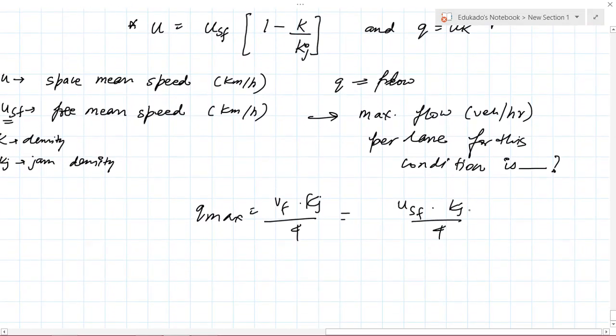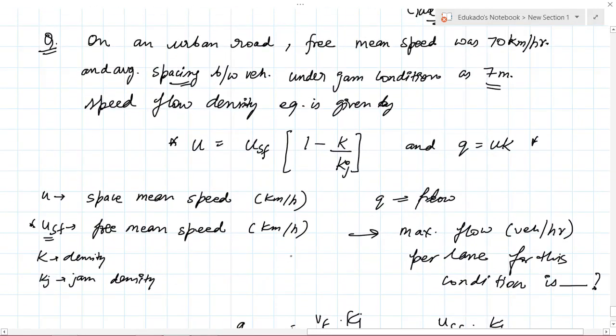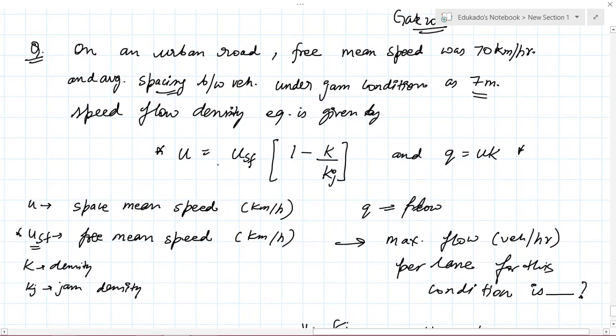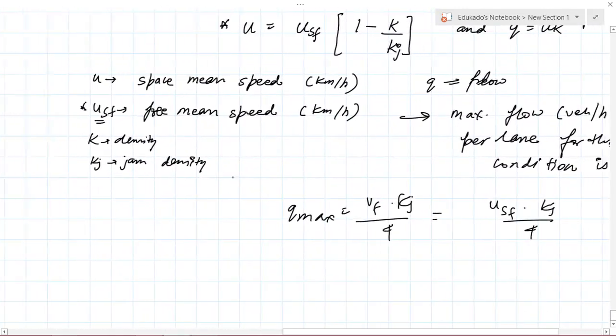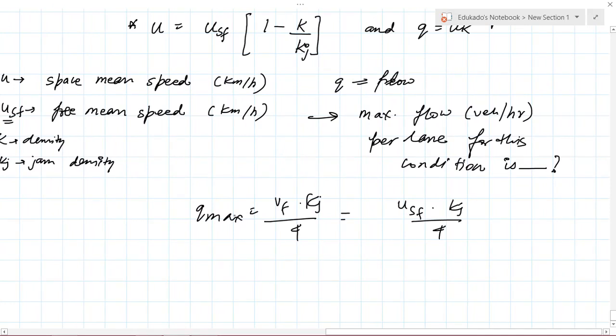Now you will be considering what this Kj is. You are given the average spacing under the jam condition, which is 7 meters. To calculate the jam density, you can write it like this: jam density is the number of vehicles in 1 kilometer length.